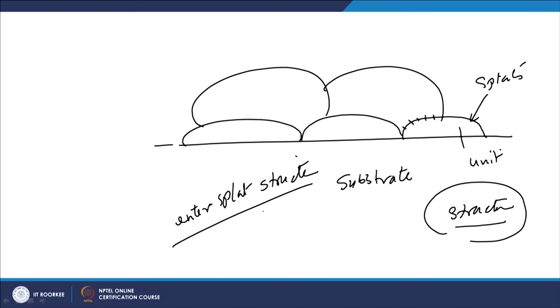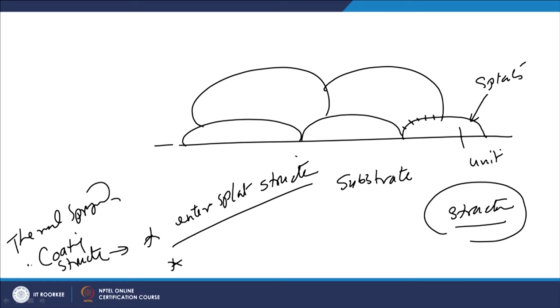There can be pores, there can be inclusions, there can be other defects, there can be cracks, or there can be a simple metallurgical bond. So, there are two aspects as far as the structure of the coating is concerned, or we can say thermal spray coating structure.